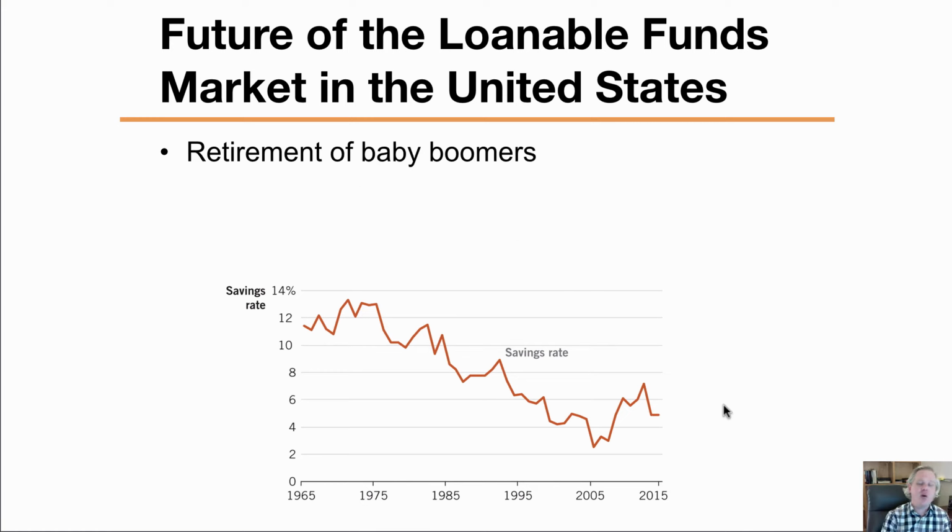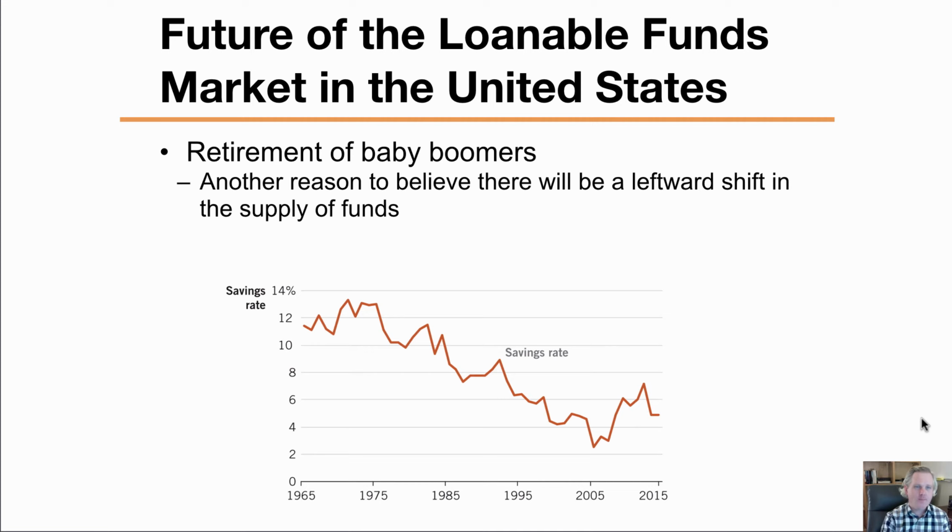Another thing that could be going on here in terms of declining savings rate overall is that our population, our society, is getting much older. As baby boomers reach retirement age, they're starting to do the dis-saving part of that lifetime income model that we looked at earlier. And so that pulls money out of the loanable funds market as they are saving less and pulling their savings out more and more.